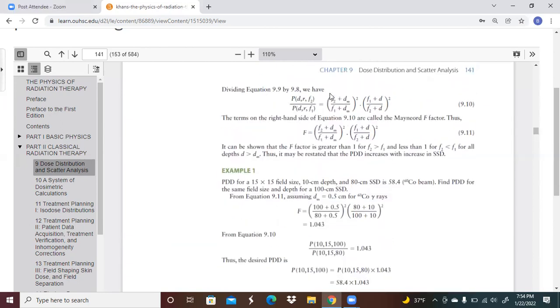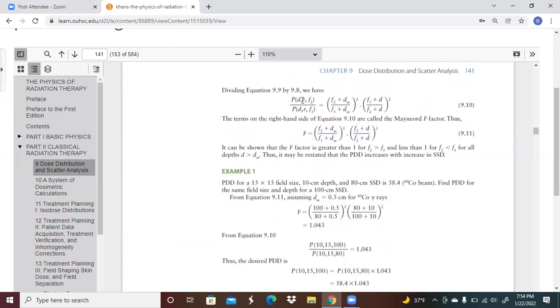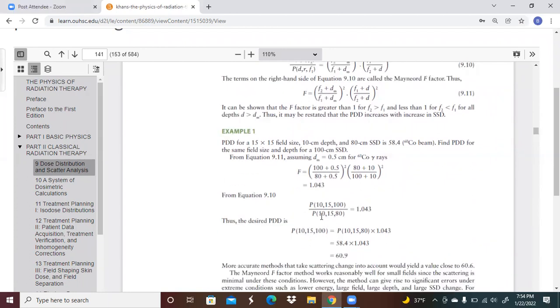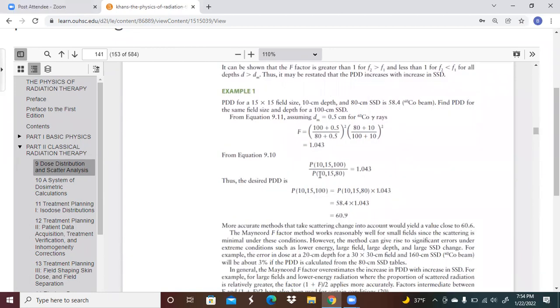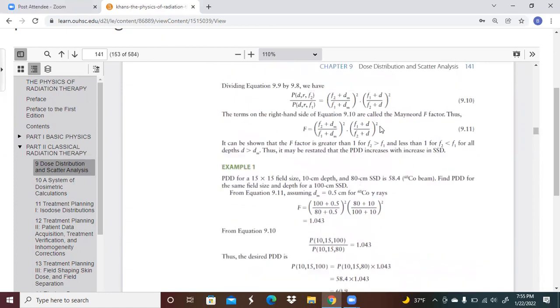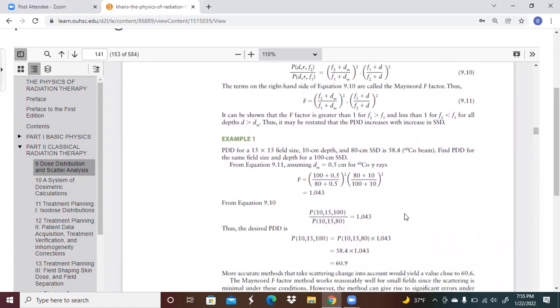So again, from this particular equation, we know that our ratio here, if we fill in the numbers 10, 15, 100, this 10 is from the depth, this 15 is because it's a 15 by 15 field, and the 100 is what we are curious to find out about. It's the PDD at the second SSD divided by the PDD for 10, 15, and 80. We know that that ratio ends up being 1.043 because that's what we just figured out using this right here.